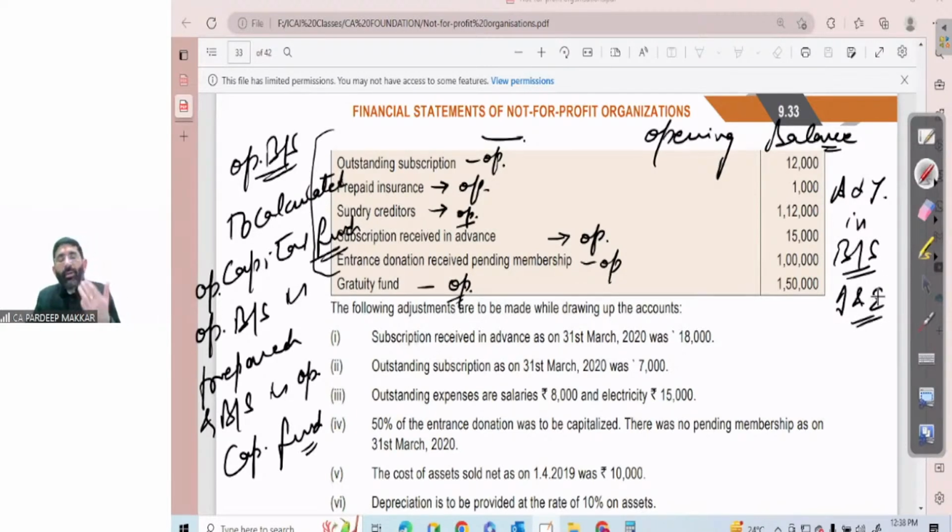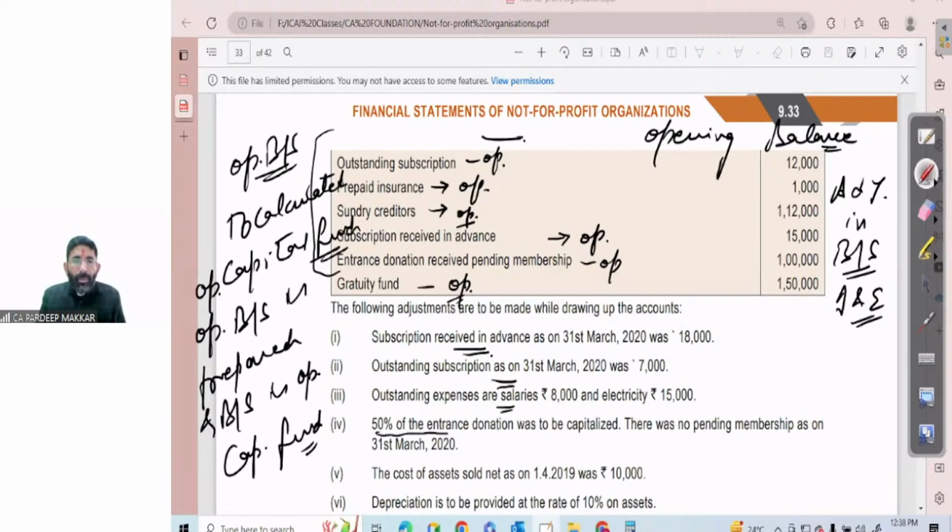Like we know it very well that the opening outstanding will be adjusted and prepaid will be adjusted in respective expenses to get the expense due during the year, or the expense to be entered in the income and expenditure account. इनकम एंड एक्सपेंडिचर अकाउंट बनाने के लिए या क्लोजिंग बैलेंस शीट बनाने के लिए भी ओपनिंग वैल्यूज का यूज रहेगा. सब्सक्रिप्शन क्लोजिंग एडजस्टमेंट है, बैलेंस शीट में भी जाएगी, एडजस्टमेंट भी करेंगे सभी की.